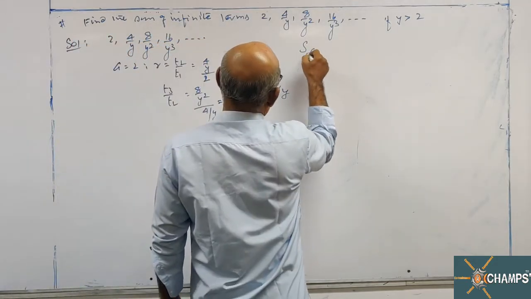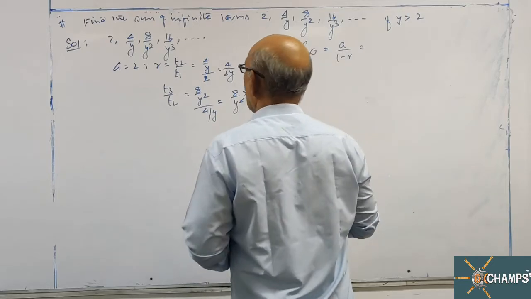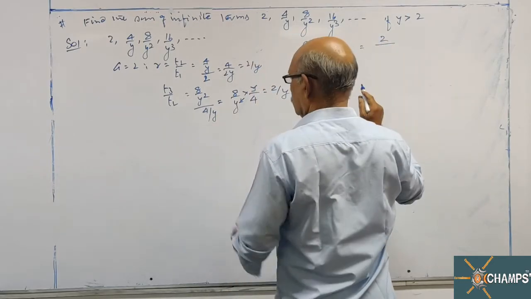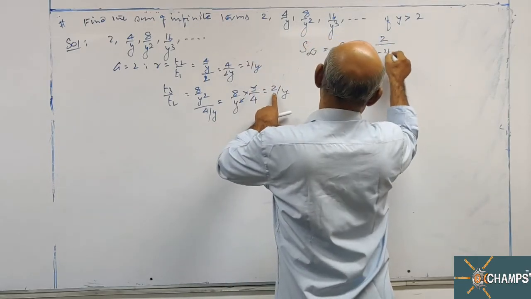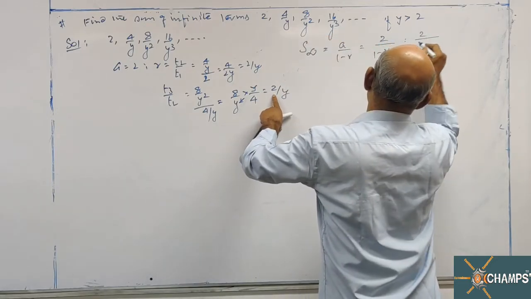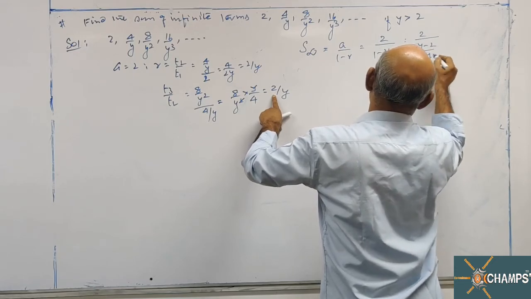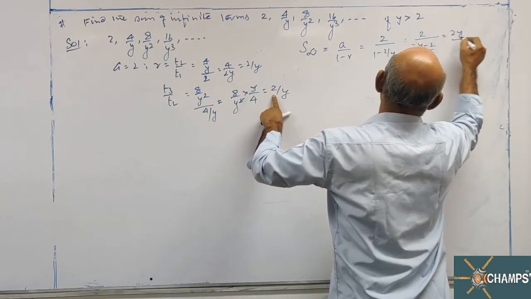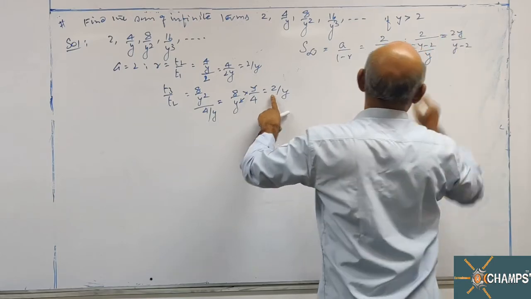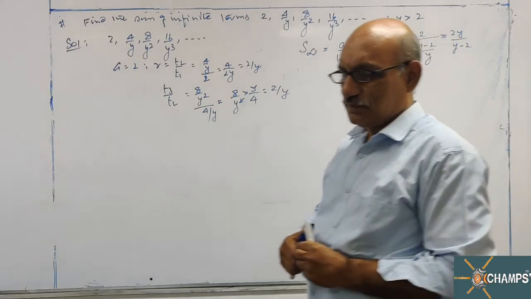Now S infinity is equal to a by 1 minus r. A is equal to 2, common ratio 2 by y. So 2 divided by 1 minus 2 by y, y will go to the numerator, so it is 2y divided by y minus 2. This is infinite GP.